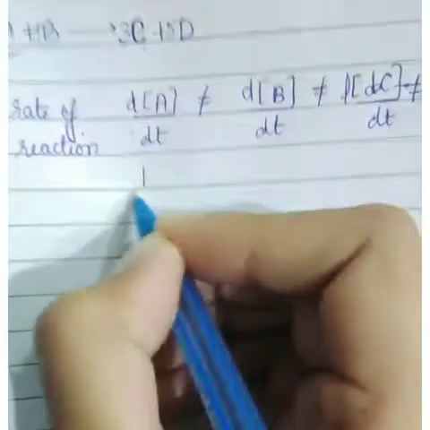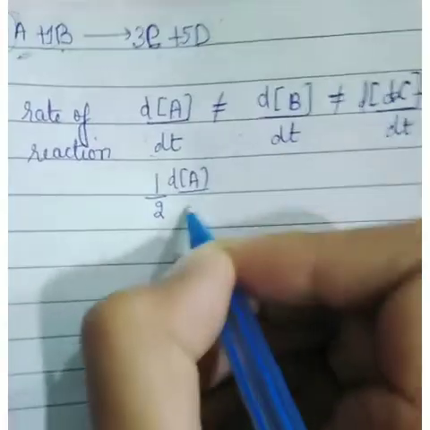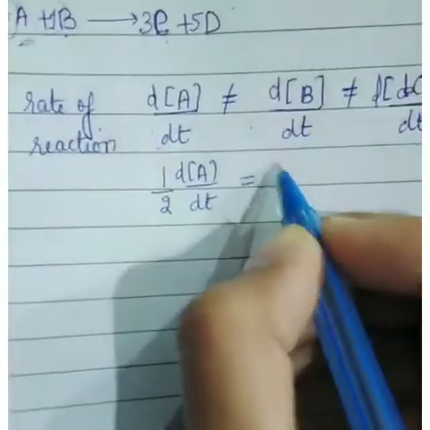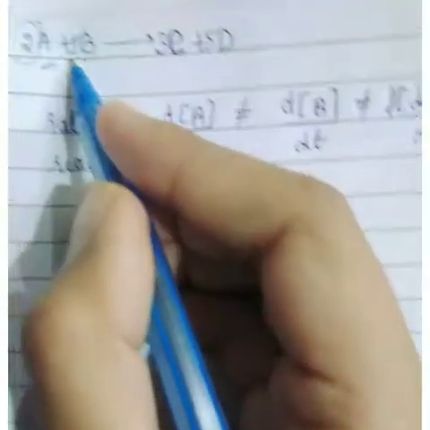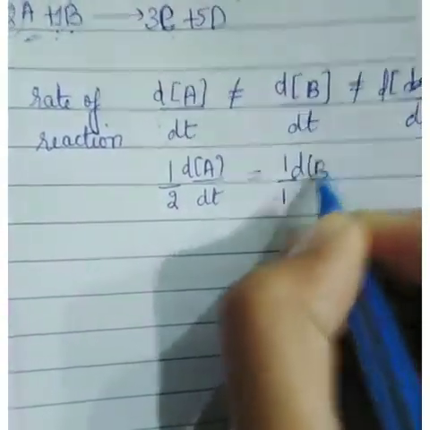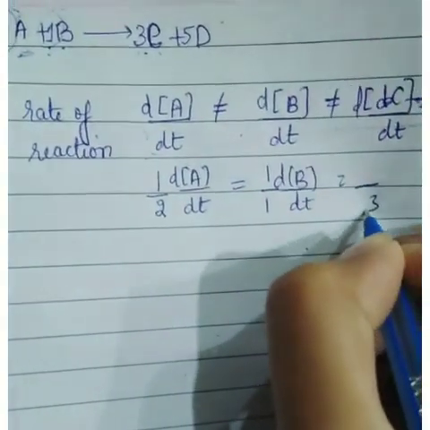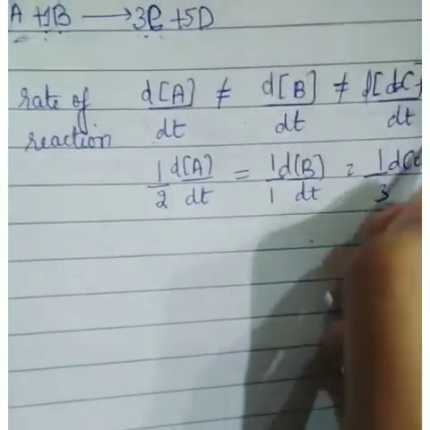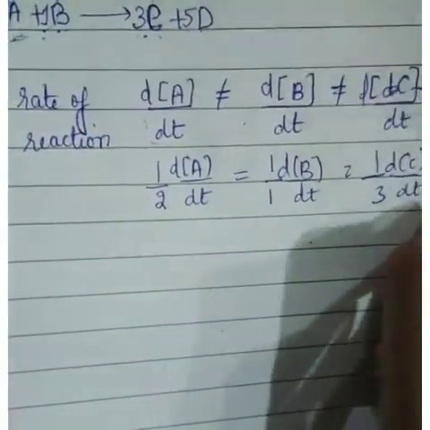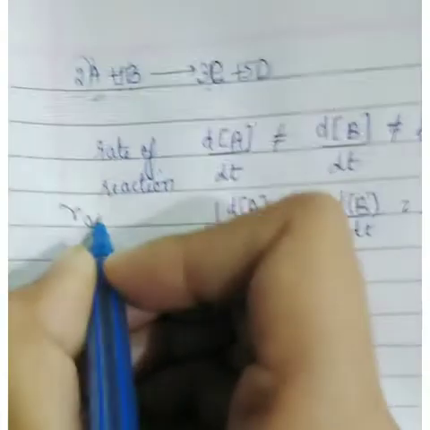So this can be written as 1 by 2 dA by dt equals 1 by 1 dB by dt, equals 1 by 3 dC by dt, equals 1 by 5 dD by dt.